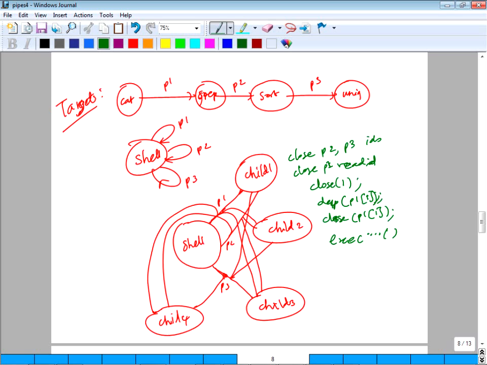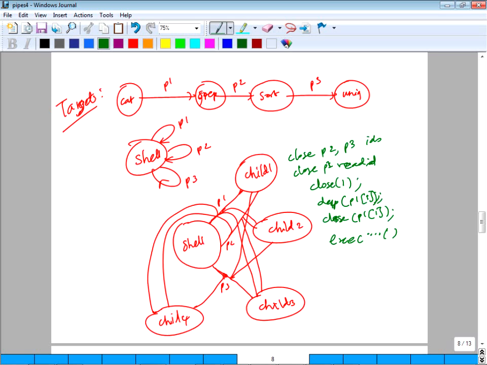And we want to make a pipe look like a standard input. When you do redirect, we don't want the process to know about it. Processes have no clue, the final process, the command, like WC or whatever, sort, unique. They don't need to care about all this complicated setup that went on.